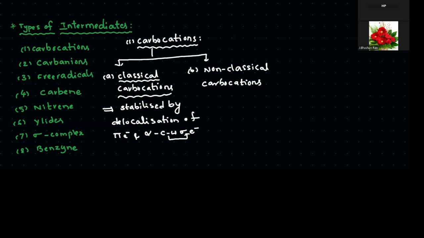So these types of carbocations are called classical carbocations. That means these are stabilized by delocalization of pi electrons and sigma electrons. Those examples we will discuss.